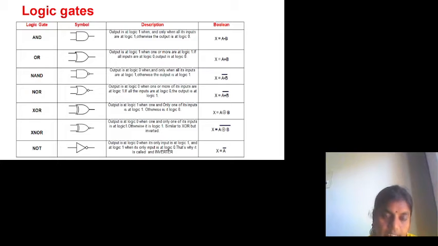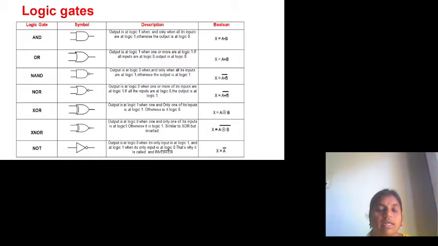Put as a definition: if any one input of the OR gate is logic high, then the output of the OR gate will be logic high. Else, if all the inputs are at logic low, logic 0, then the output will be logic 0, or low level logic.